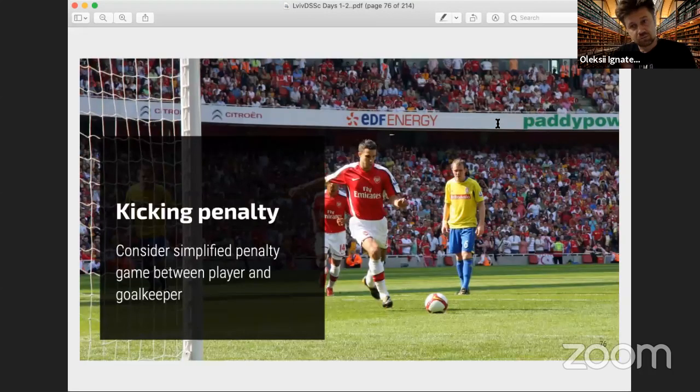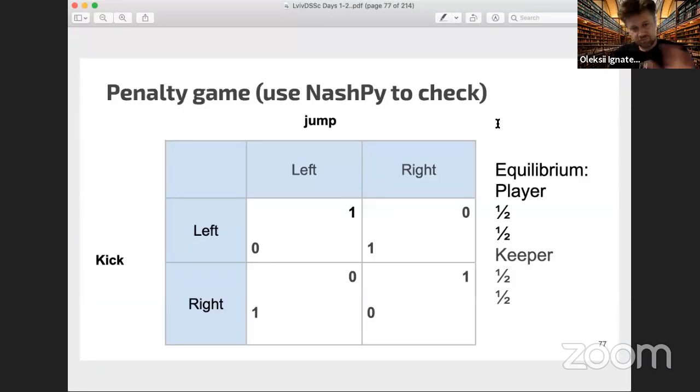Okay, so it's also a very common example of game theory. Imagine penalty kicking, and this is a simplified game between a player and a goalkeeper, and we can present it as a matrix.